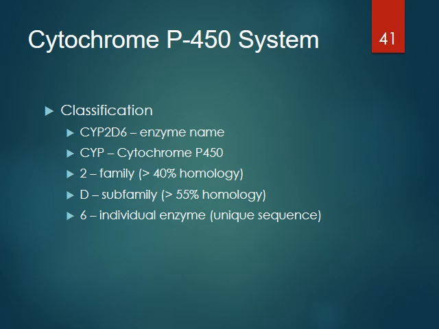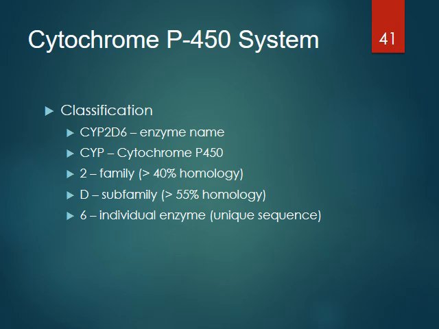So for instance, we have here CYP2D6, and we mentioned this one being important in metabolizing codeine, the narcotic analgesic, over into morphine. So CYP2D6 would be the enzyme name. The CYP basically identifies it as a cytochrome P450 enzyme. The 2 would indicate the family, which means that it would have greater than 40% homology with other CYP2 family enzymes.